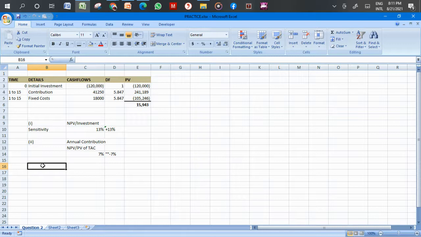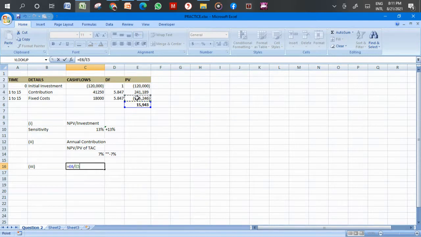Then the last one is going to say, what about the fixed costs? So again, the formula will not change. It will just say our net present value divided by the present value of the fixed cost.